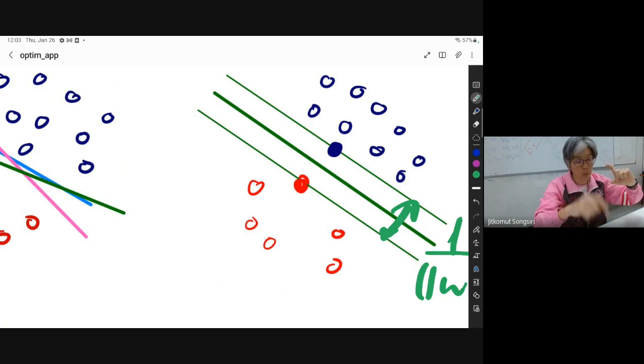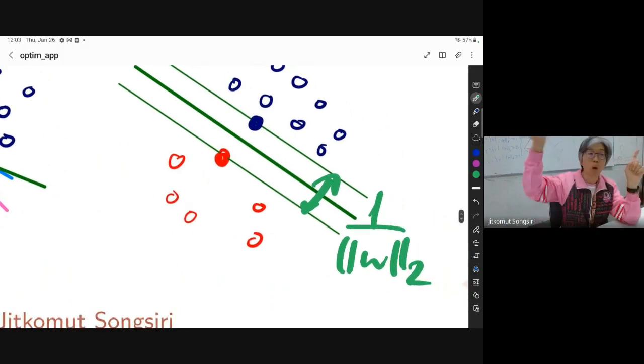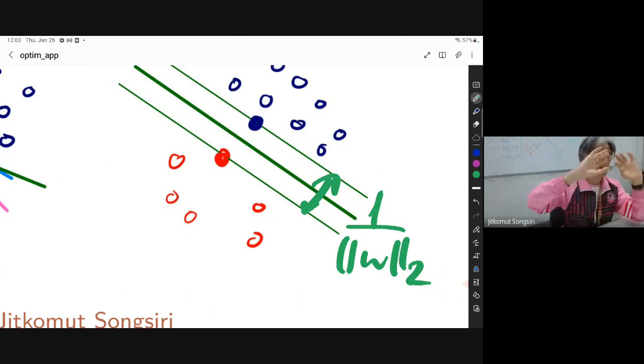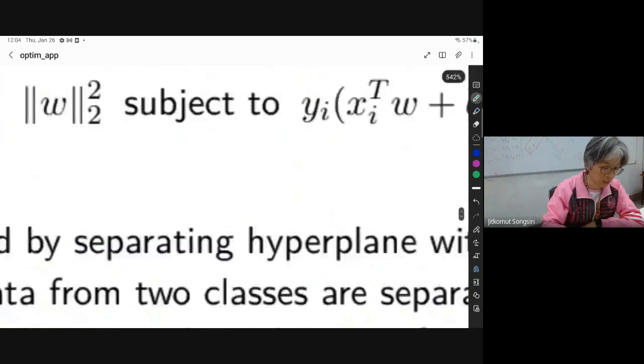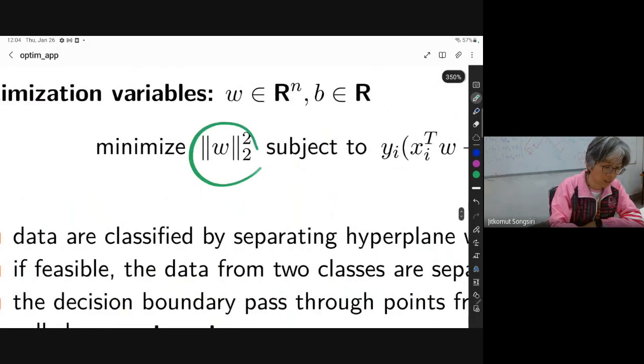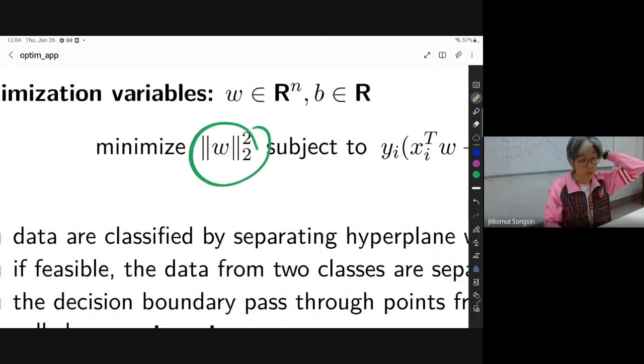As we saw previously, if you maximize 1 over something positive, you can actually minimize the denominator. That's why in the context of SVM, this is the objective: they minimize the two norm. The reason they square it is that it makes a quadratic function in W.